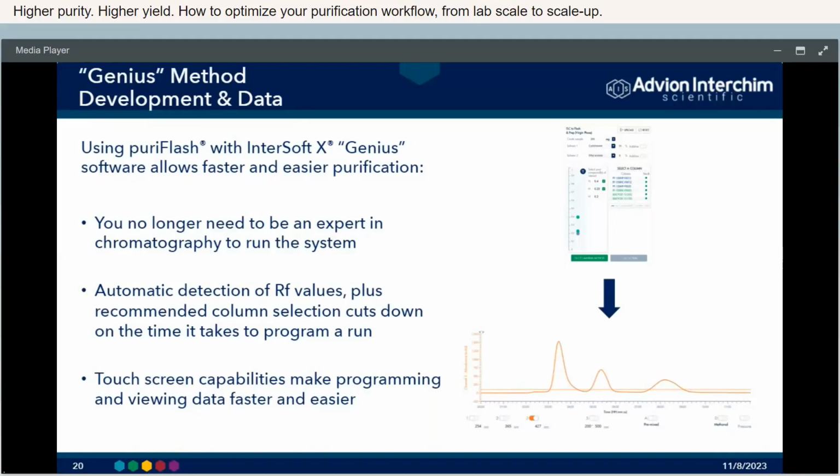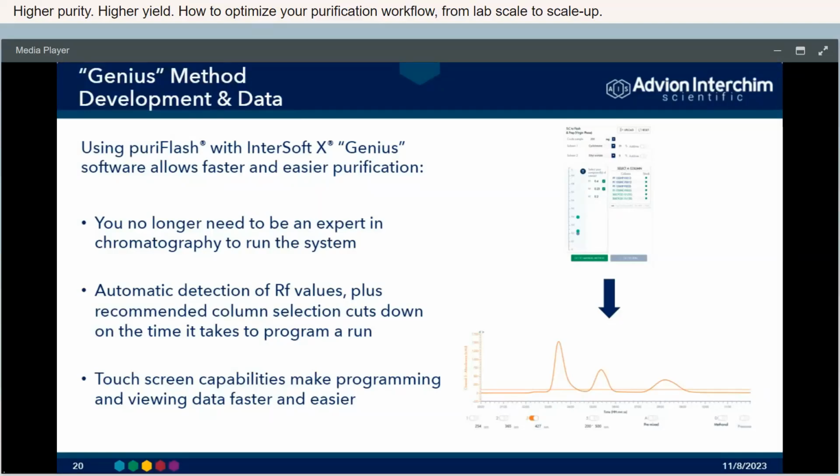Okay, so what this allows for is easier and faster purification of your compounds. So you no longer need to be an expert in chromatography to set up a gradient. You can set up a gradient using your TLC plate that gives you a high confidence level of being able to separate those compounds. It will detect the Rf values automatically, and then it also recommends a column.